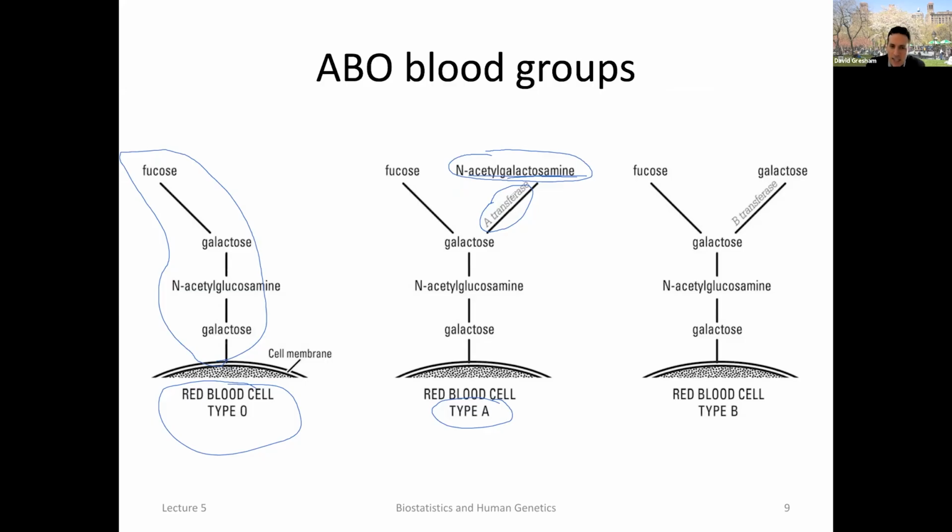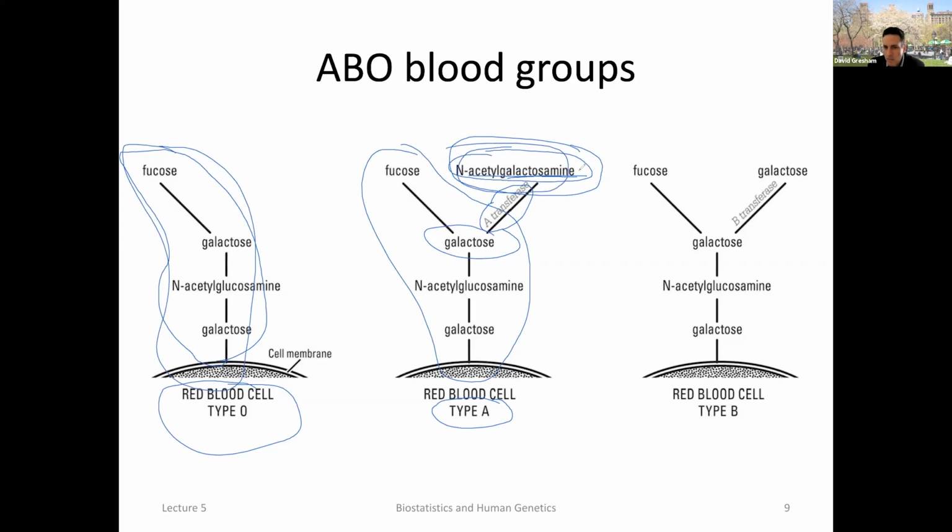So when you have the A allele at the ABO locus, it will attach this molecule to this backbone. This is the backbone that is common. This is the one that's in the O blood type here, and it attaches this molecule.